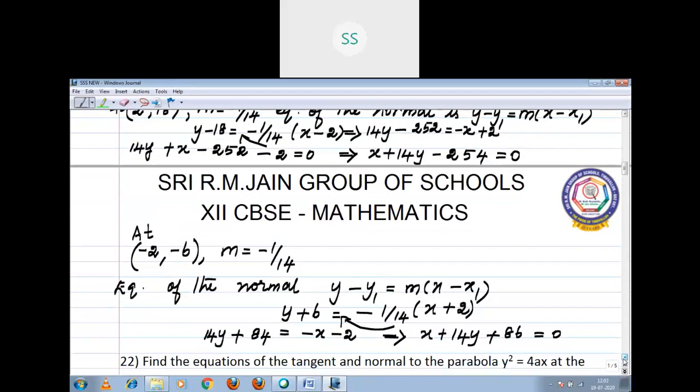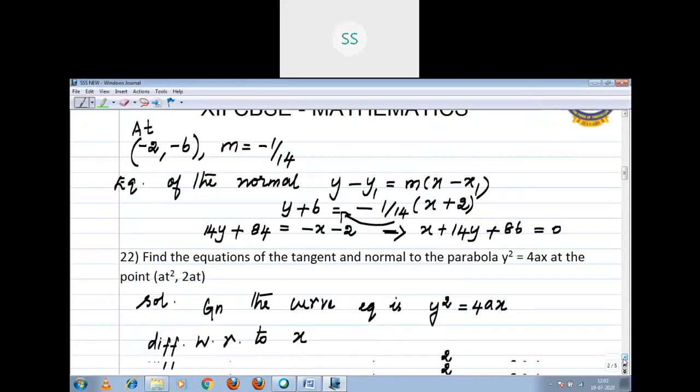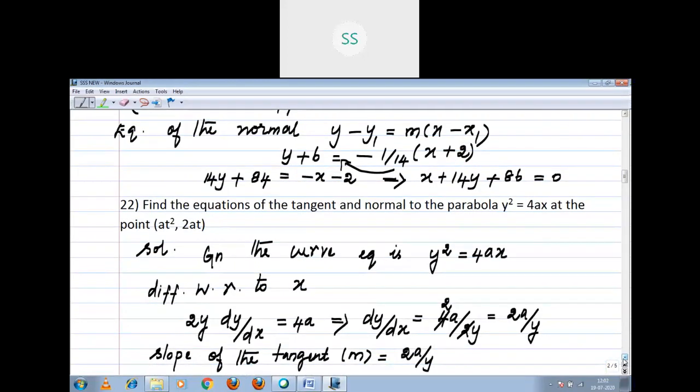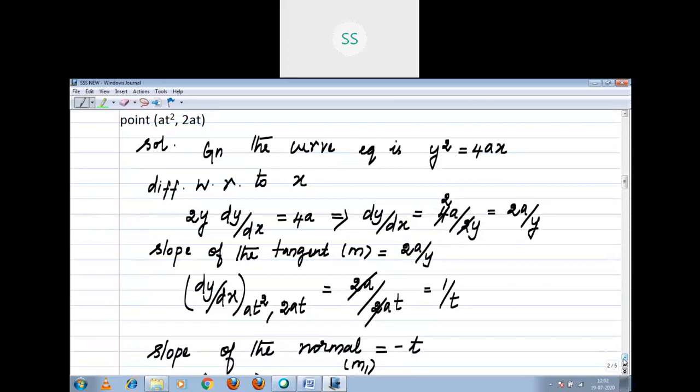Find the equation of the tangent and normal to the parabola at the point. The given curve equation you differentiated, and in the next step you arrived at 2a by y. Then you substitute the value of y as 2at. You arrived at the slope of the tangent as 1 by t. Using that, you get the slope of the normal, which you arrived at as minus t. The slope of the normal you know, the slope of the tangent you know, and the point is given.